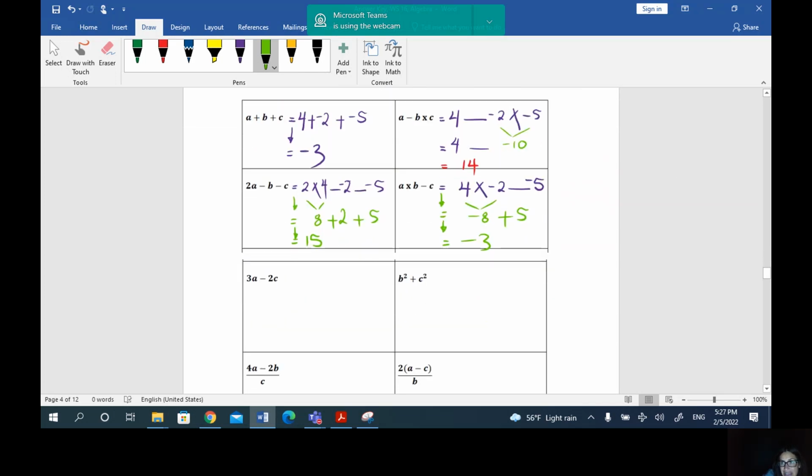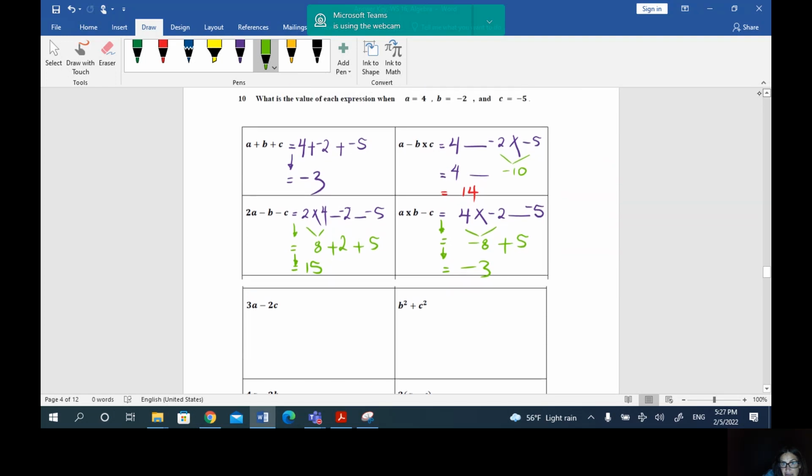Now, 3a minus 2c. 3a means 3 times a. And what is a? 4. So here 3 times 4 minus 2. What is c? 2c means 2 times c. So it's 2 times negative 5.